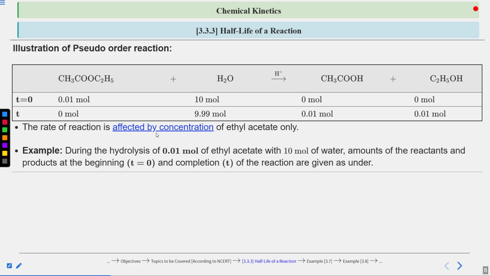That's why this name comes, let's call this a pseudo first order reaction, because it is showing the properties of a first order reaction, but it is actually a second order. That's why the name comes. Okay, so this is the case.